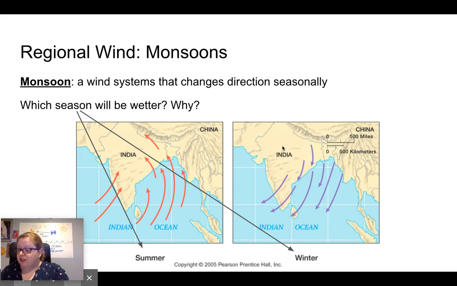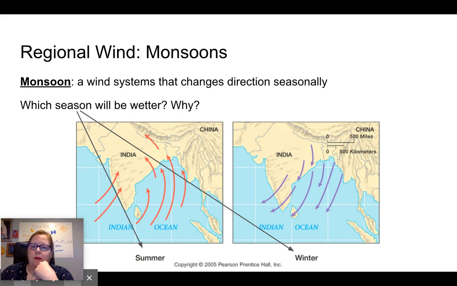The other regional wind system is much larger, but still not like half of the United States big. We're going to talk about monsoons, which are wind systems that change direction seasonally. The most commonly talked about monsoons are the ones in India. And they're a great example because India has monsoons during the summer and the winter, because it just depends on which part is warmer, the Indian Ocean or the Indian landmass.